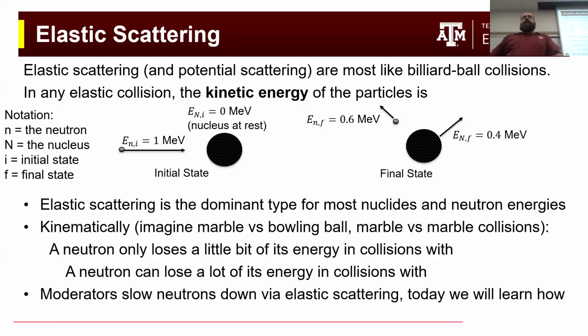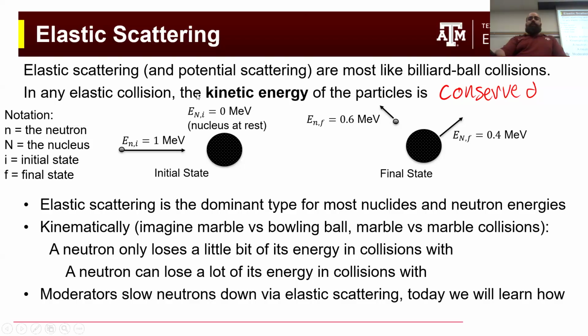So when we talk about elastic scattering and also potential scattering, these are the most like billiard ball collisions. And by definition of an elastic collision, the kinetic energy of the particles involved is always going to be conserved. Kinetic energy gets conserved in elastic collisions.